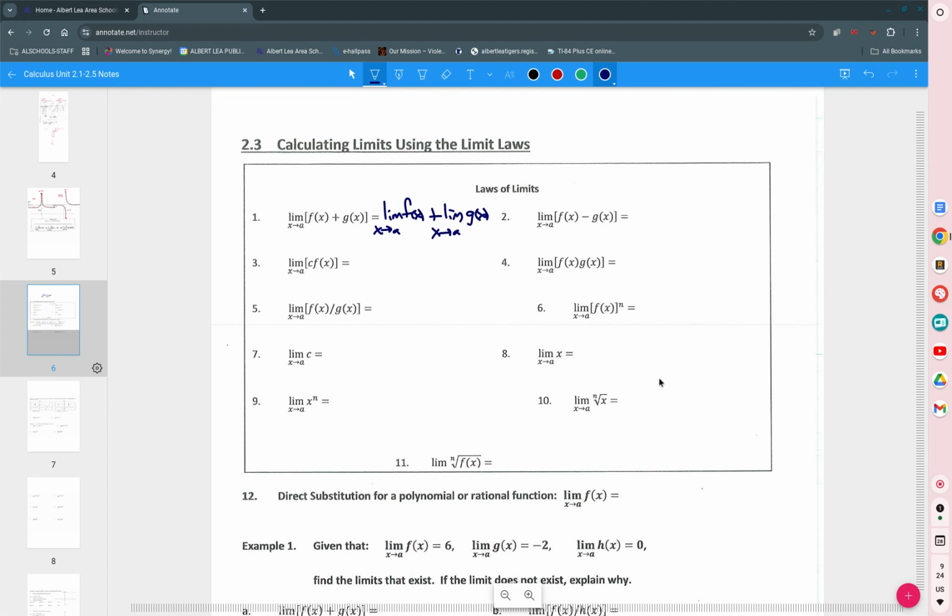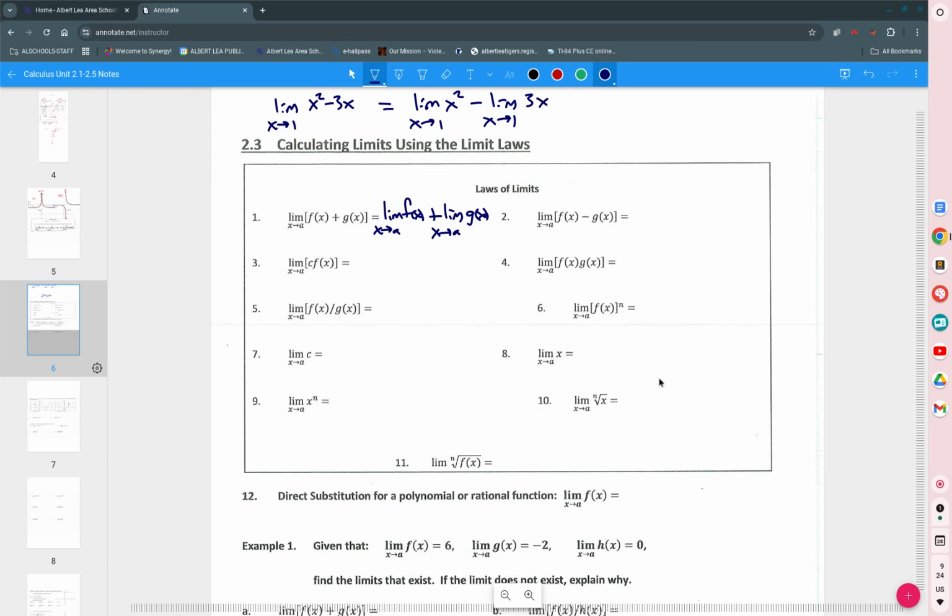Because it's very intuitive. The idea is, suppose you have the limit as x approaches 1 of x squared minus 3x. Suppose that's a limit that you're trying to calculate, okay? You can simply treat this as the limit as x goes to 1 of x squared minus the limit as x goes to 1 of 3x.